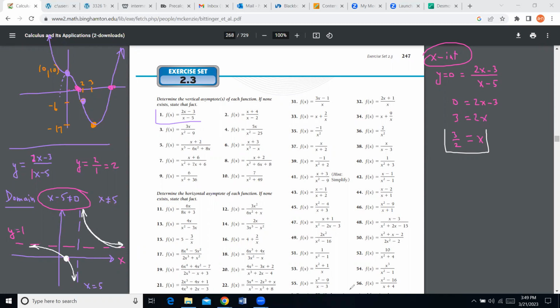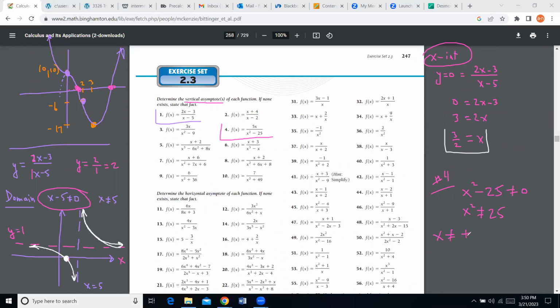So when you, for example, are looking at exercise number 4, I can find the vertical asymptote here. That's what this exercise is asking. It says x squared minus 25 must not be equal to 0, right? And this means that x squared is not equal to 25. So what is x not equal to in this case?